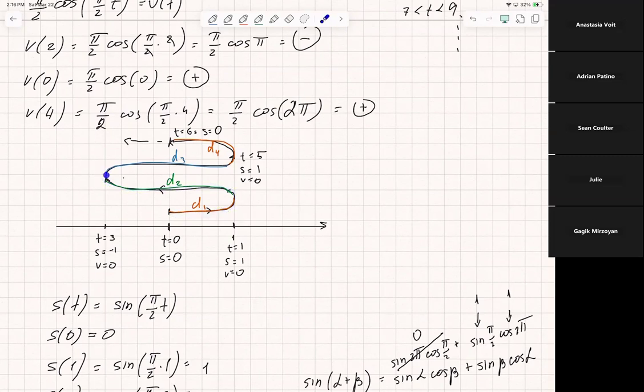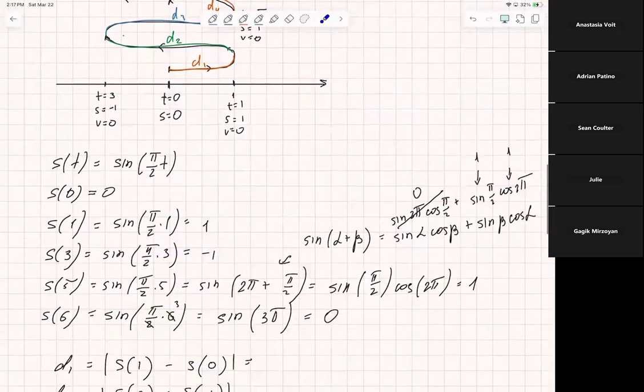And then we again reverse and we go from -1 to +1, until we reach 5, I guess 2 more seconds, right? And then from second 5 to second 6, we go back, distance of d4. So we need to add all of these distances, right?